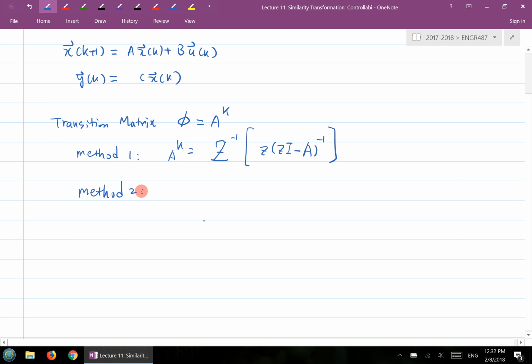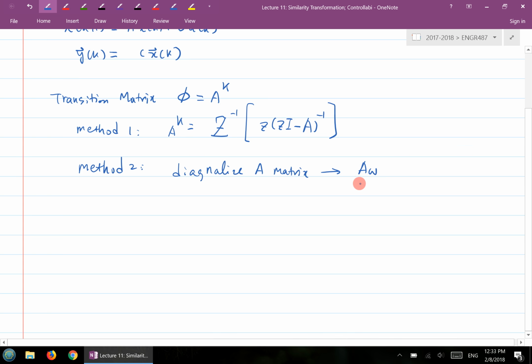The second method is, if somehow we can diagonalize this A matrix into an A_W matrix, the diagonal elements of this A_W matrix are the eigenvalues of the A matrix.